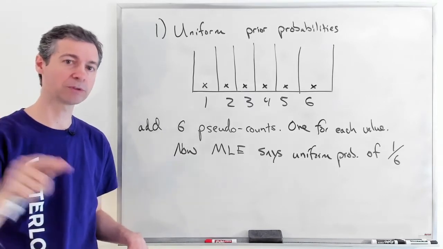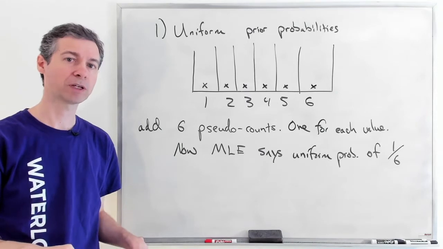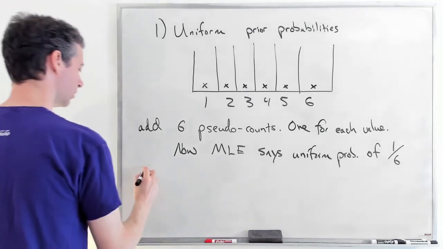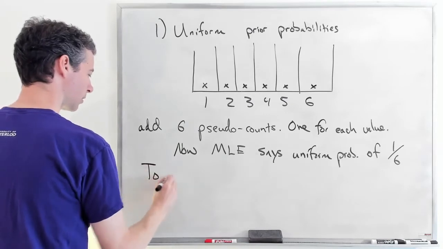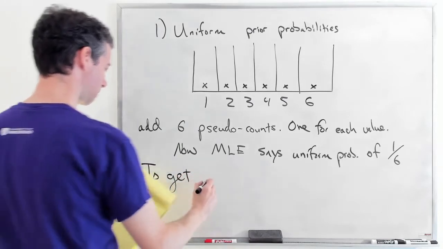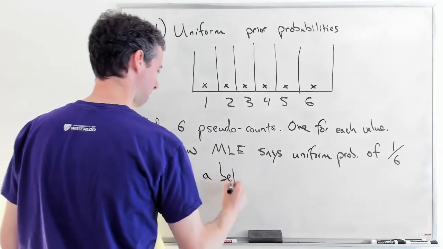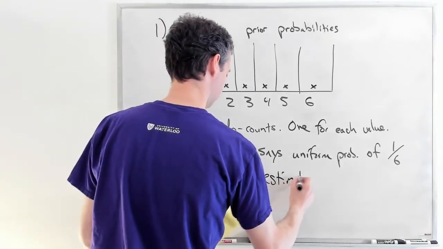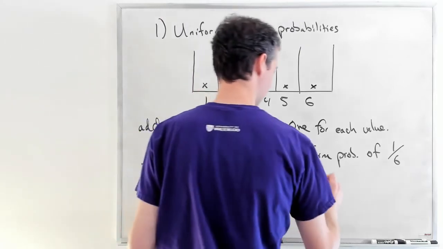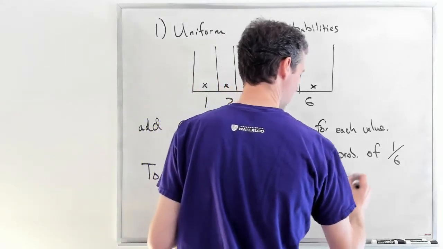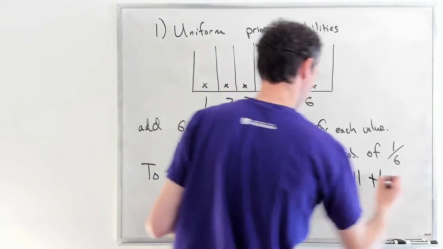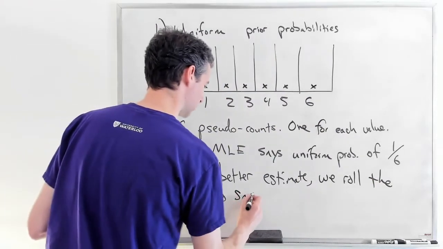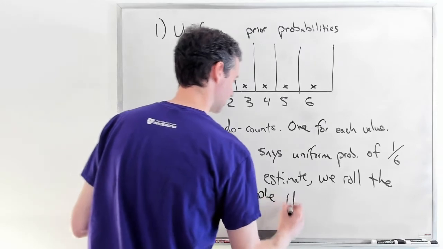And so yes, we really should go and roll that die some. To get a better estimate, we can roll the die to sample it.